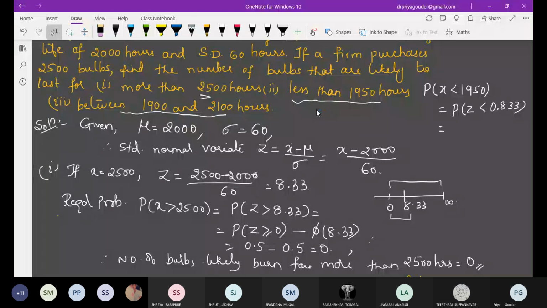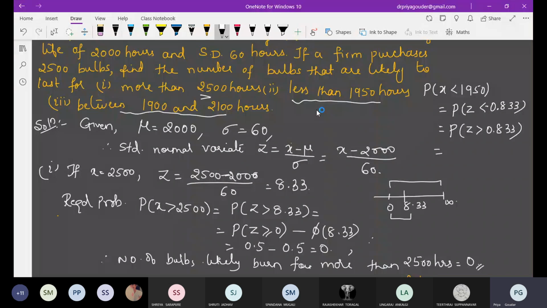I think it is negative. Am I right? Yes, ma'am. This is going to be a negative value, so reverse it and write it as a positive value. Again, you know how to take it.